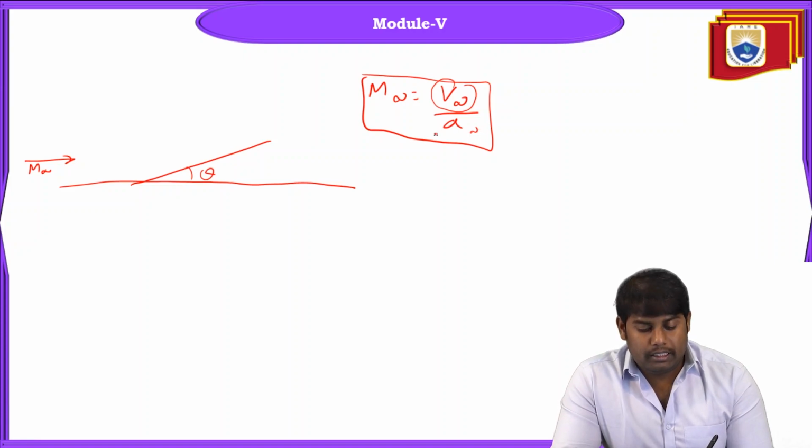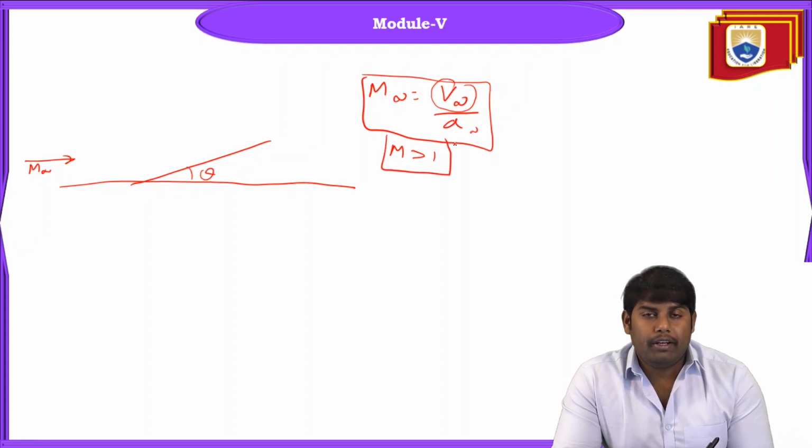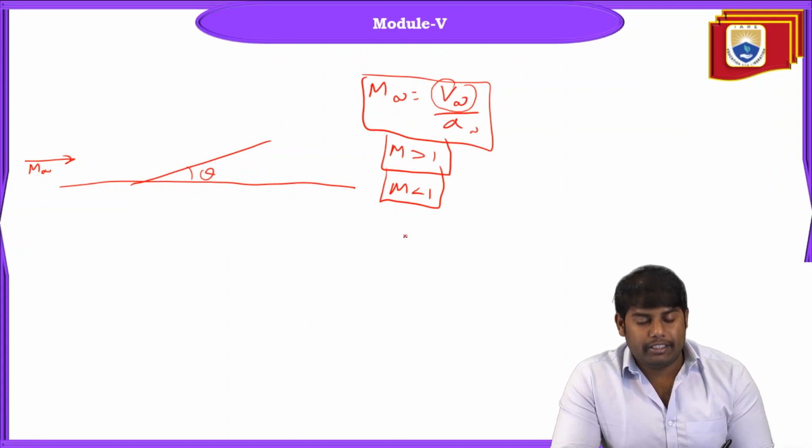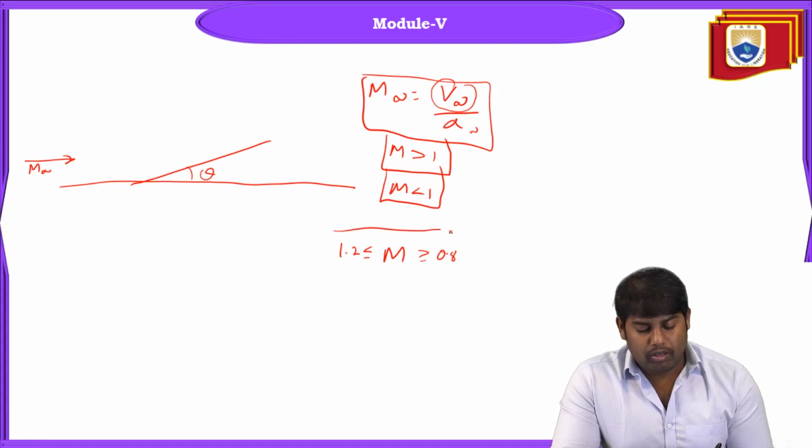So when Mach number is greater than 1, we say the flow is supersonic. Already we have seen when Mach number is less than 1, the flow is subsonic. In detailed classification, we have M less than or equal to 1.2 and greater than or equal to 0.8, which is called transonic flow.